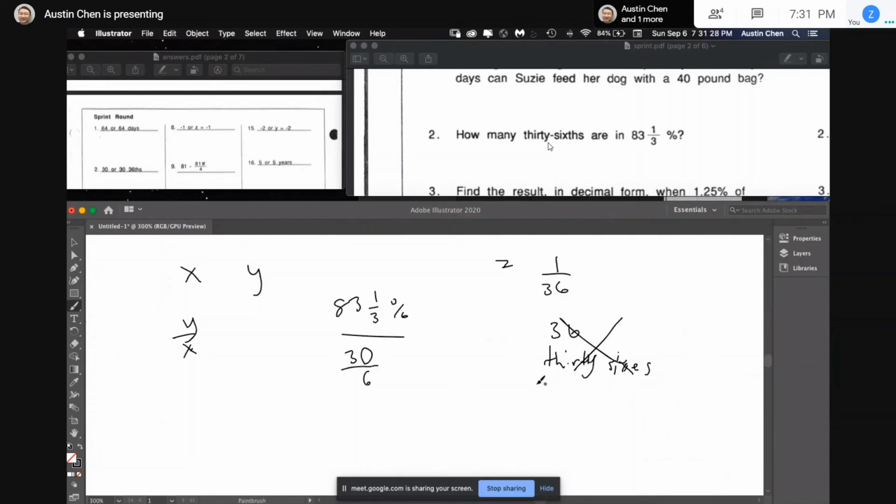I'm saying it's not 36, but 1 over 36. Okay, yeah. So if they meant 30 over 6, what do you think they would say? It would be 30 space 6. There wouldn't be a hyphen there.